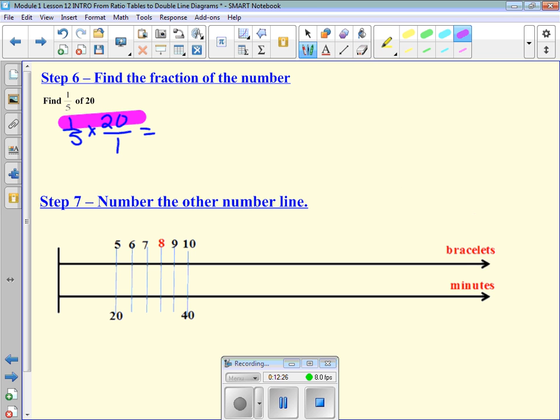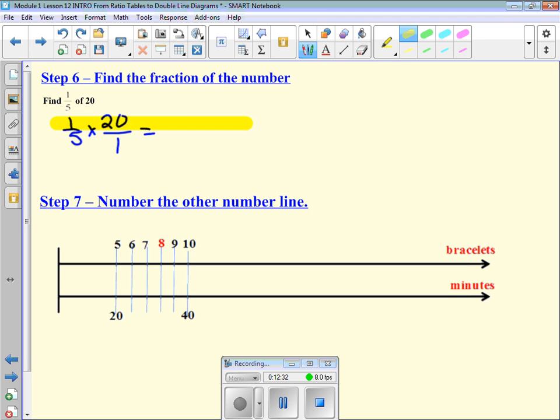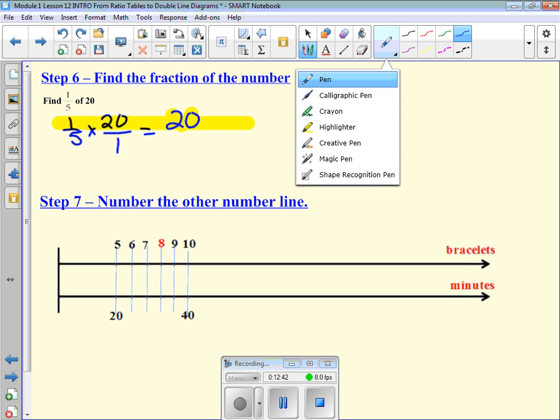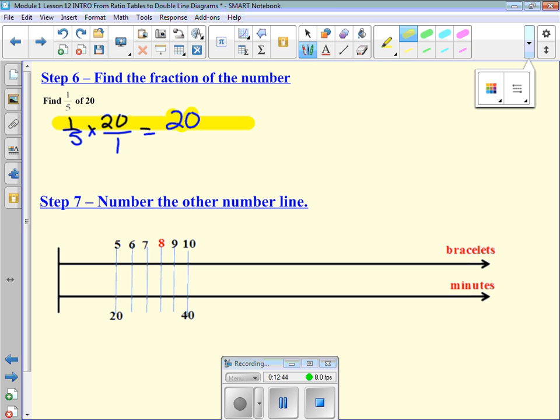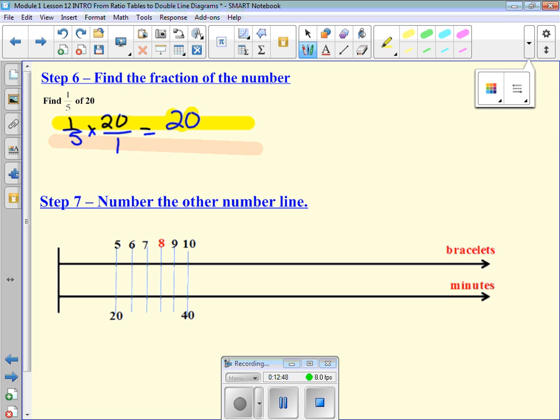1 times 20. Whoops, I don't like that color. That was a bit bright. 1 times 20 is? 20. That's because I love math. And then let's try this again. 5 times 1 is?